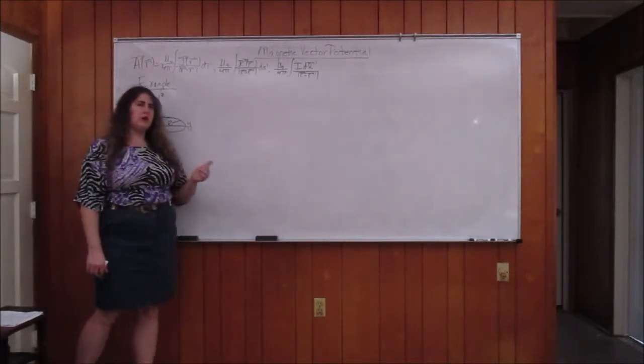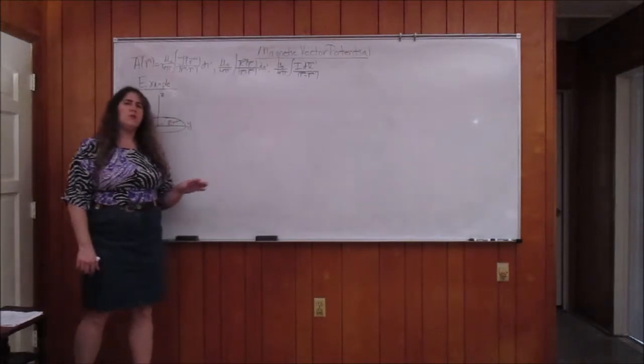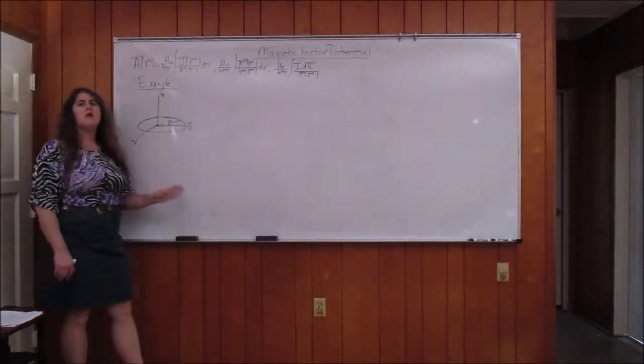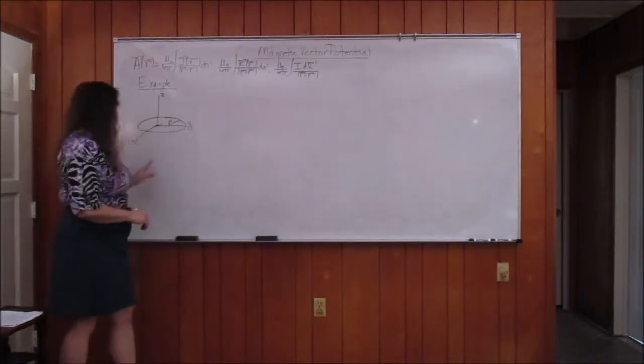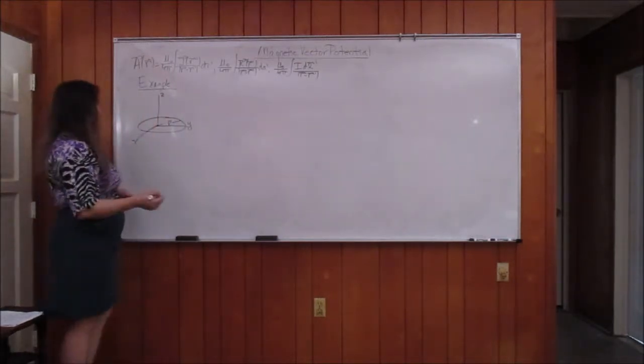When we were talking about the Biot-Savart law, we determined the magnetic field due to a current carrying ring, but only along the z-axis, so that was limited. Now we're going to come up with an expression that applies everywhere.